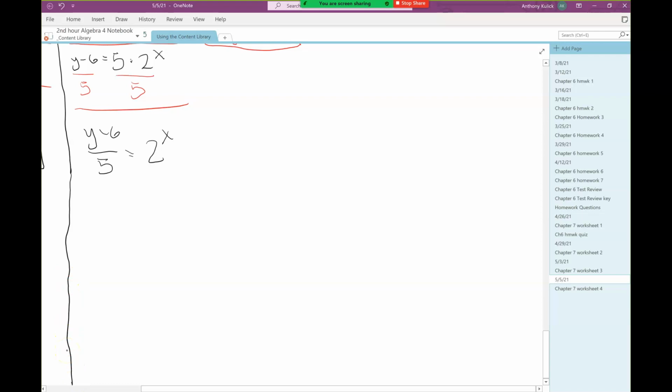Okay. So we divided both sides by 5, right? Now to get this x by itself, we still got to get rid of this 2. How can I get rid of that 2? What's going to cancel out that 2?